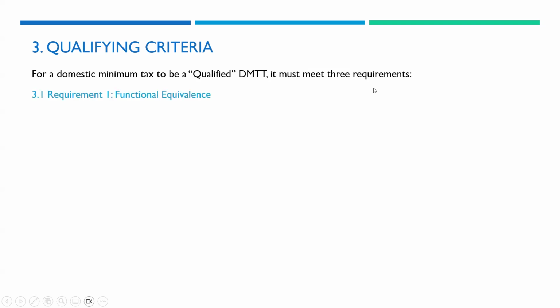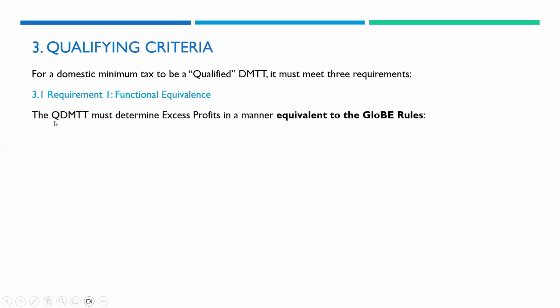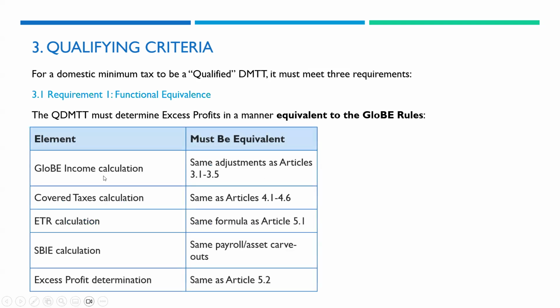Number one is functional equivalence. Basically, what it means is that a QDMTT must determine excess profits in a manner equivalent to the GloBE rules that we study. You can't bring in any other policies. GloBE income calculation should have the same adjustments as Article 3.1 to 3.5. These were separate chapters. That's how we designed this. Covered taxes should be the same as Articles 4.1 to 4.6.